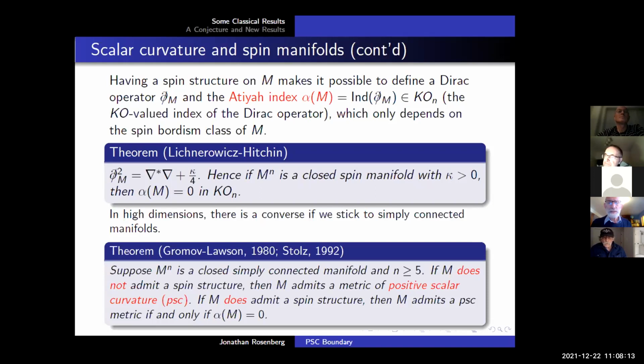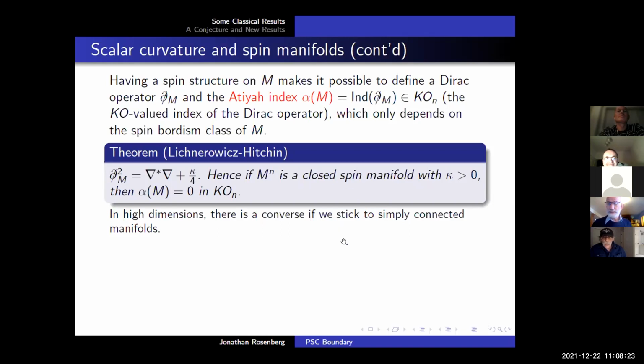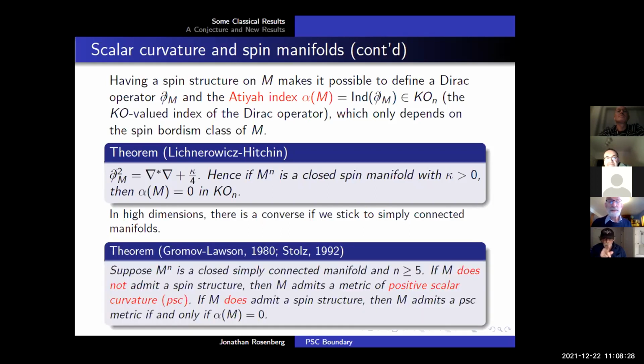There's a difference between spinnable, that is being able to impose a spin structure, and spin, where you've actually done it. True. And that produces different Dirac operators. However, the ambiguity does go away because we're only interested in the question of whether the alpha invariant vanishes, and changing the spin structure doesn't change that. Yeah, good. Okay.